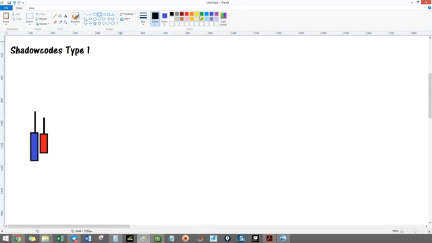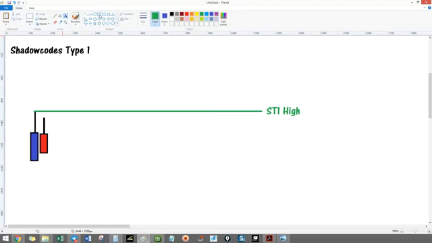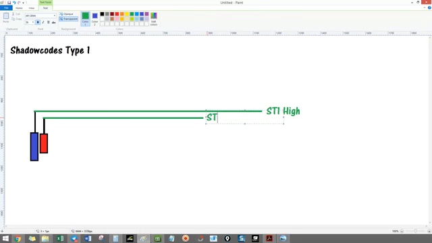So we will have 3 levels. This is called ST1 high. This is ST1 low.